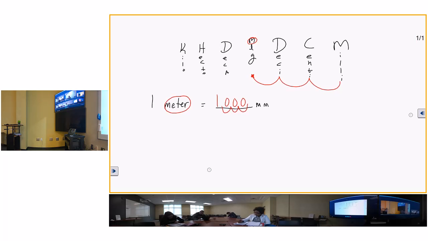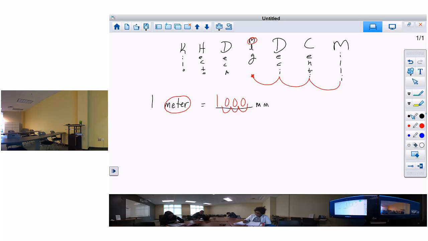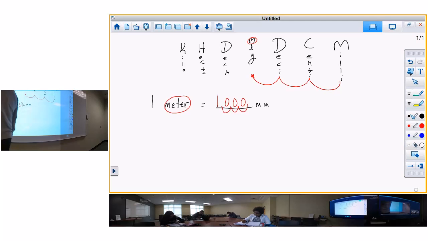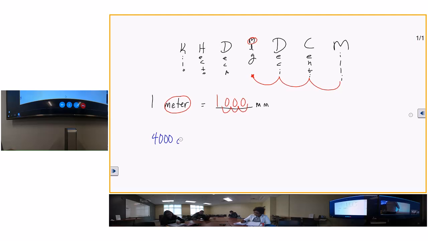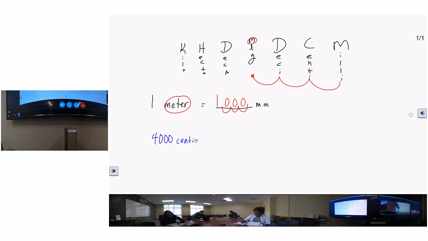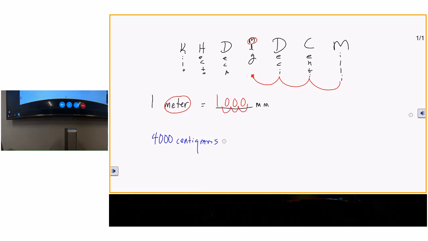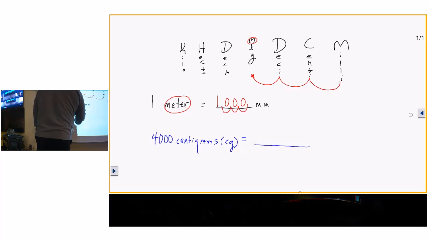So now let's do, man, I forgot how easy these were. This is very easy. Let's do 4,000 centigrams, or cg. Centigrams equals blank kilograms.